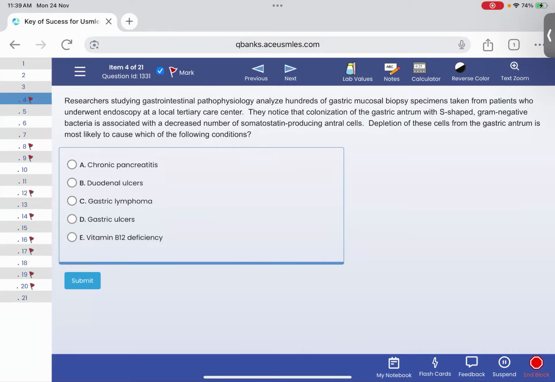The other type of ulcer is gastric ulcers, which is due to the direct damage by these H. pylori bacteria, right? So the correct option is duodenal ulcer.